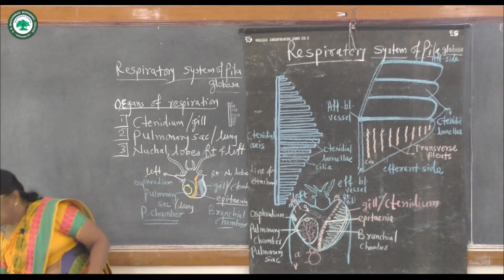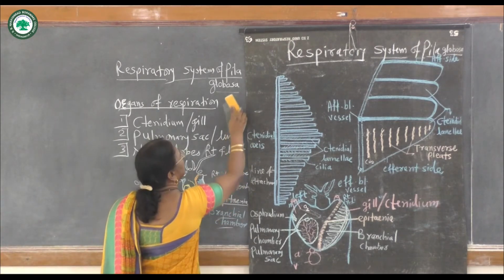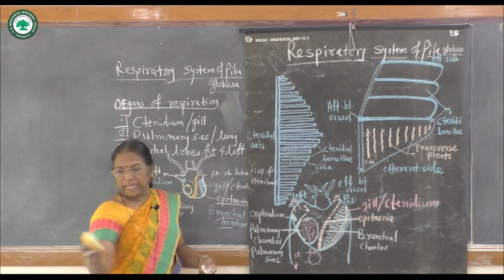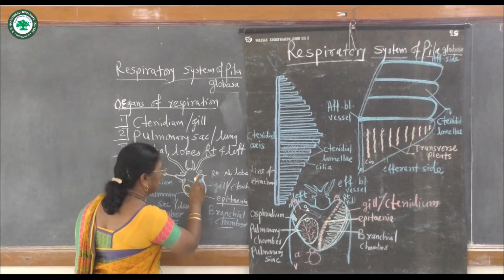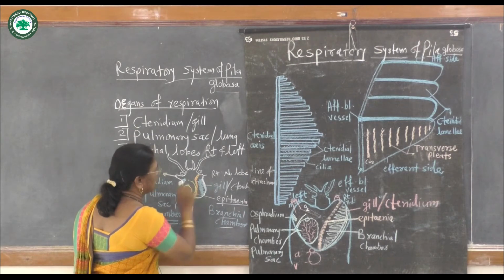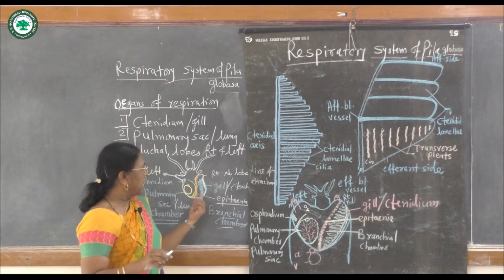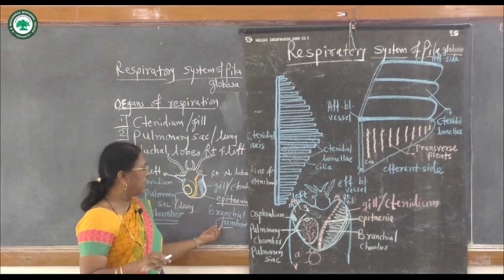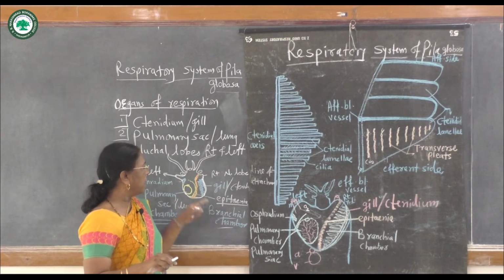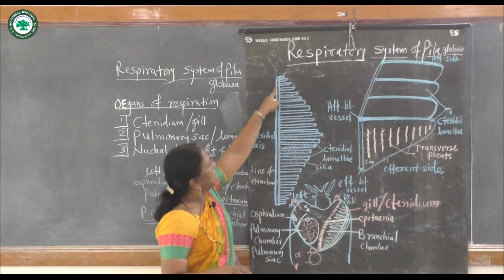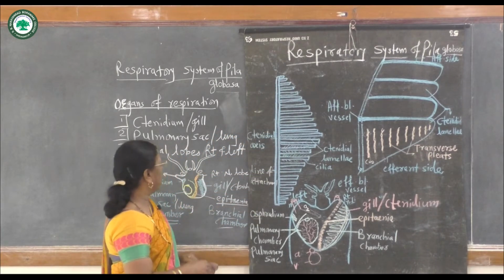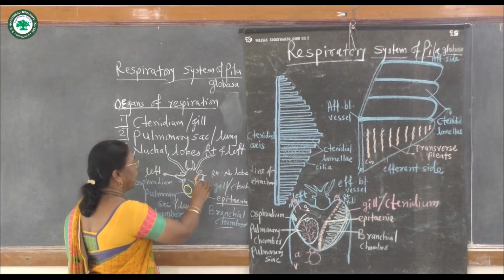This gill is present on the right side of the mantle cavity. This cavity is called the branchial cavity or branchial chamber. The gill is attached to the mantle wall by means of a line of attachment.